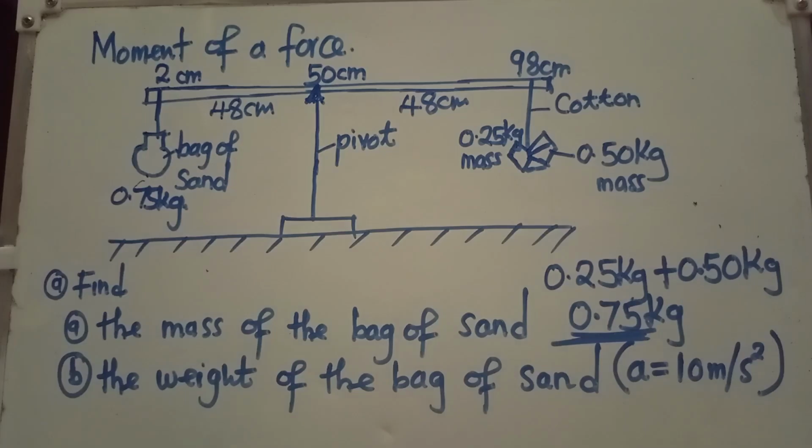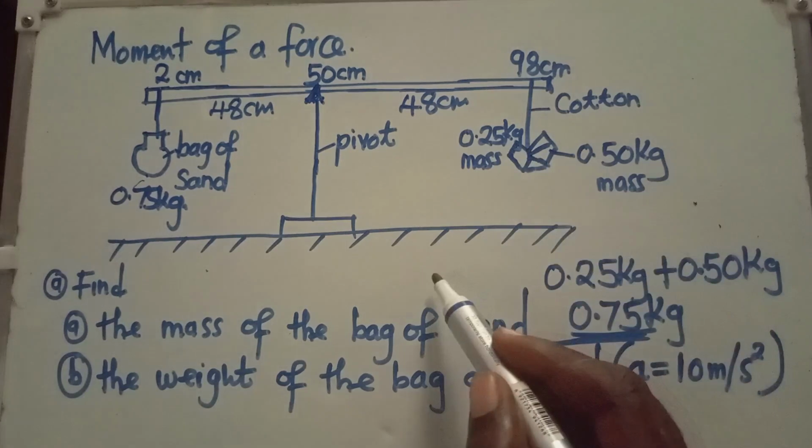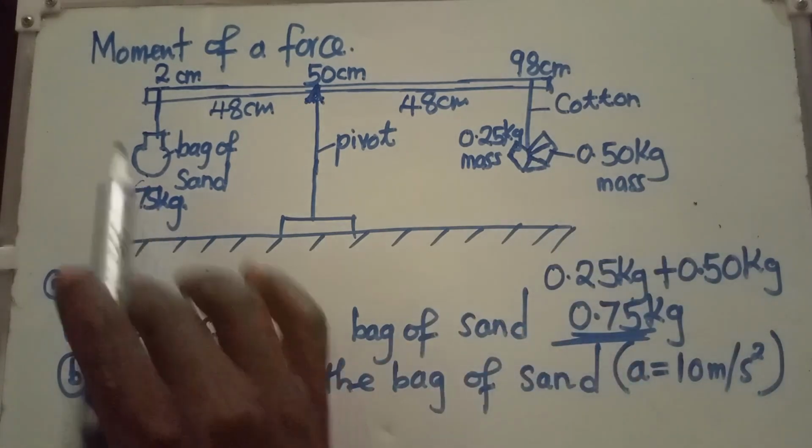The reason why the beam is balanced, we have the principle of moment, which states that moment in the clockwise direction is equal to moment in the anti-clockwise direction. This is the reason why the beam is balanced. This is clockwise direction, this is anti-clockwise direction.